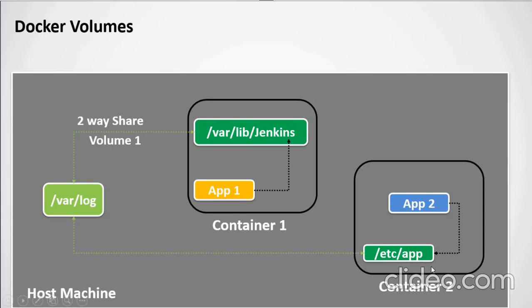Now what will happen? Both the containers' content, whatever you put in this directory or in this directory, will be directly accessible in the var_log. And at the same time, anything that I put in this folder will be accessible in this container as well as in this container. Okay.